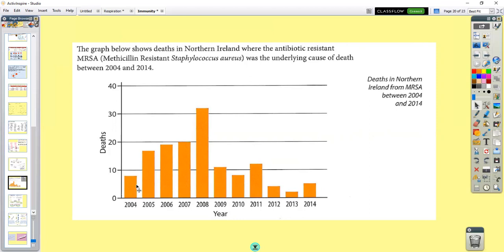Okay, so sanitation has got much better within hospitals now. People wash their hands more regularly, either visitors or doctors and nurses between patients, and that has led to a drop in this antibiotic resistance within hospitals.